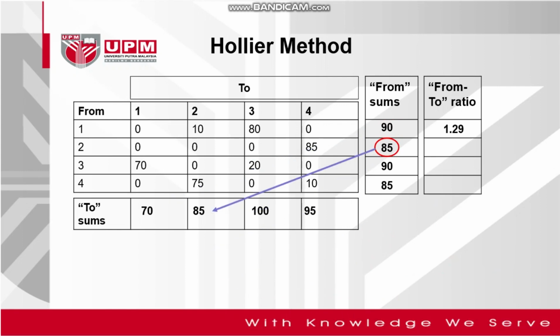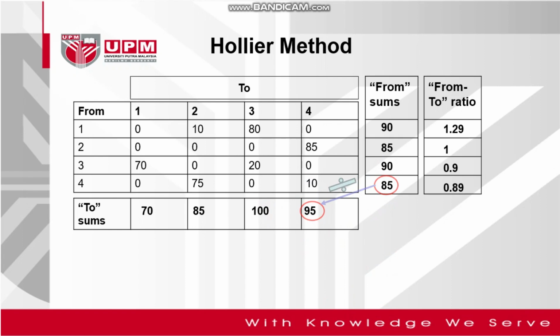Then continue with 85 divided by 85, and we get a from-to ratio equal to 1. Next, for the next row, 90 divided by 100, and we get 0.9. Last but not least, for 4, 85 divided by 95, so we get 0.85.